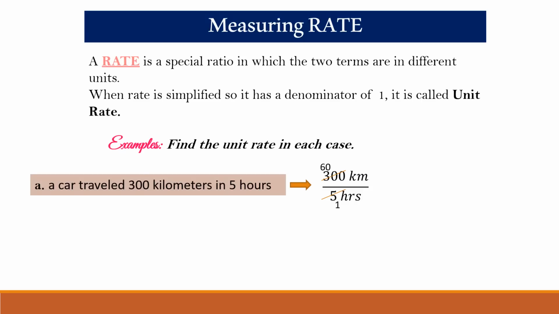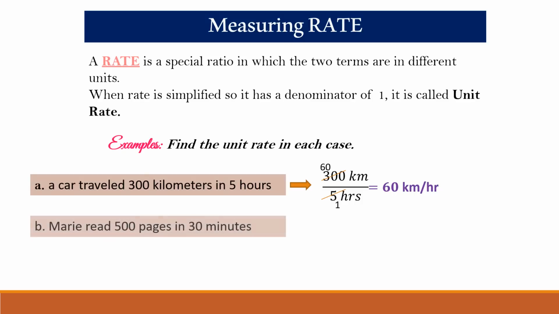So we have 60 over 1 when we divide 300 by 5. So the result, or the unit rate, is then 60 kilometers per hour. So the car is traveling 60 kilometers per hour.